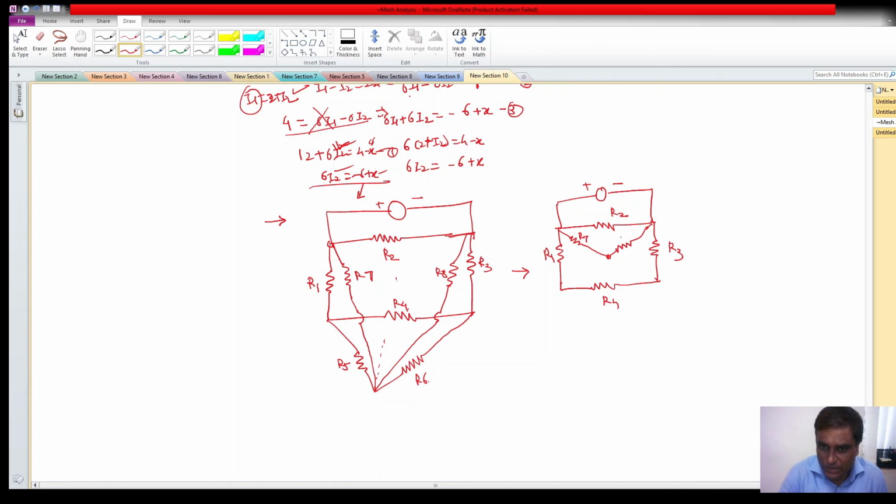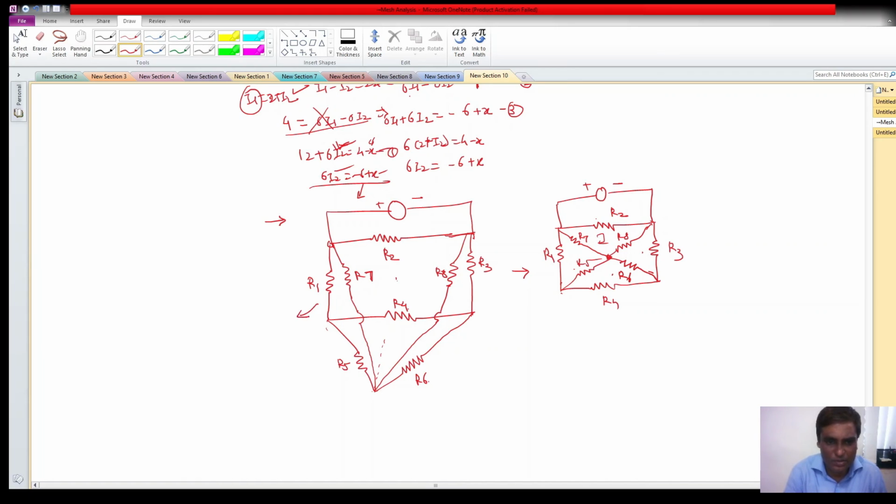So R7 and R8, then between them and R1, R5 is connected, so this will be R5, and between R3 it is connected R6, so this will be my R6. With that, this is my mesh 1, 2, 3, 4, 5.